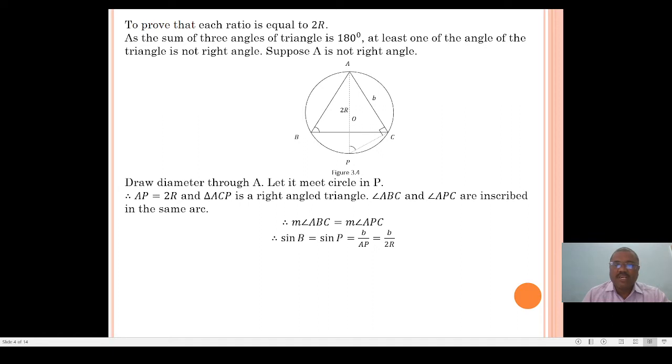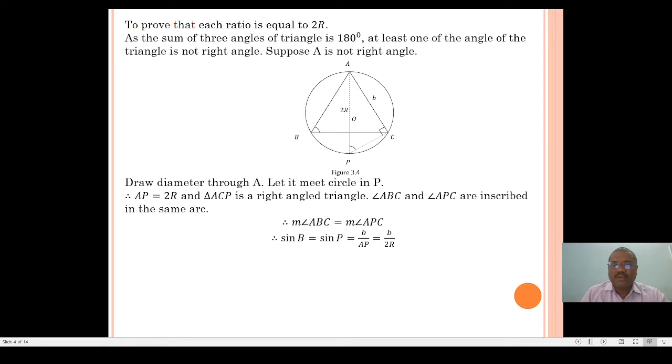So sin B equals sin P, since both angles are the same, so the sine ratios are also the same. Now the value of sin P: in triangle APC, angle C is a right angle, and therefore sin P equals opposite side upon hypotenuse.